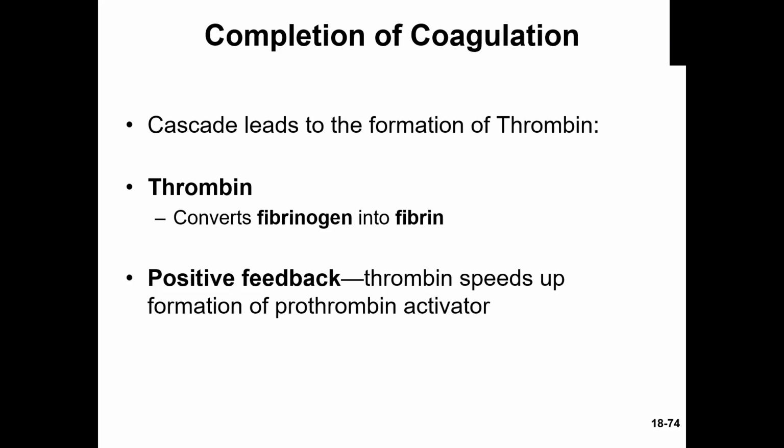This is a positive feedback mechanism. With the release of the thrombin, it's going to speed up the formation of what's called prothrombin activator and keep the clot going. So that's really nice. We have a positive feedback loop to make sure that the bleeding is stopped.